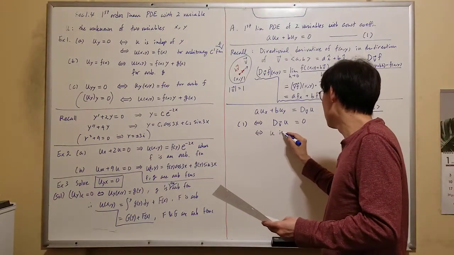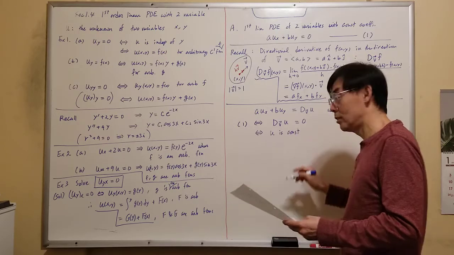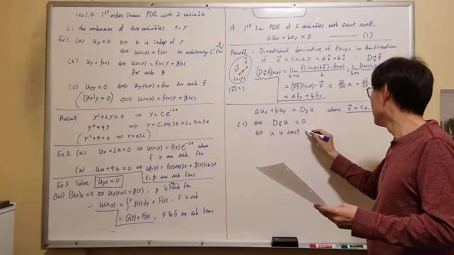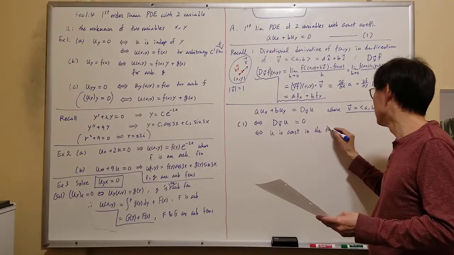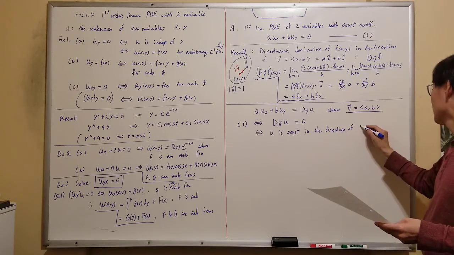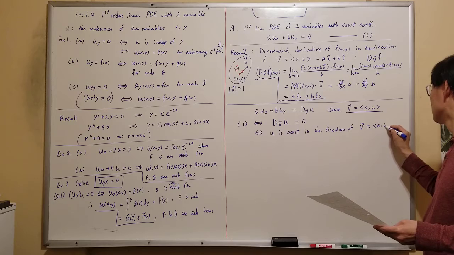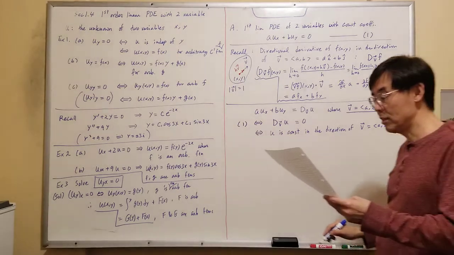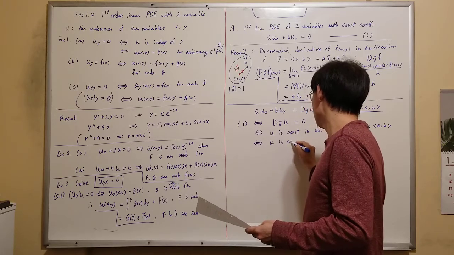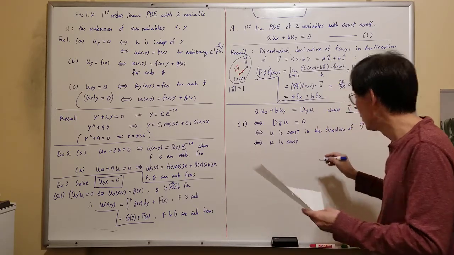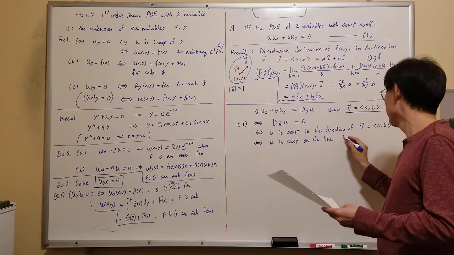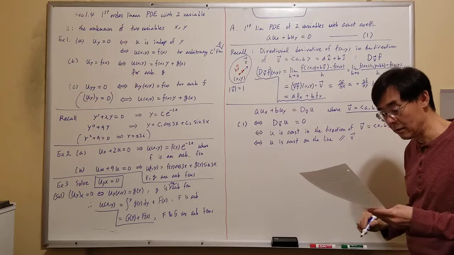So u is constant in the direction of the vector v, which means u is constant on the line parallel to v.